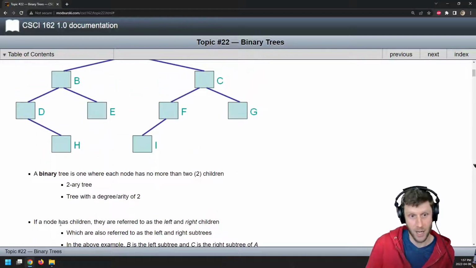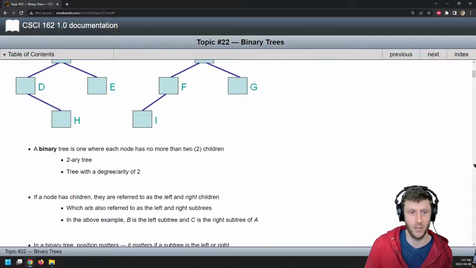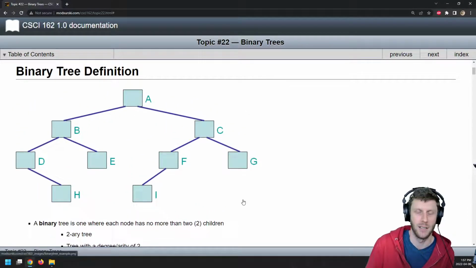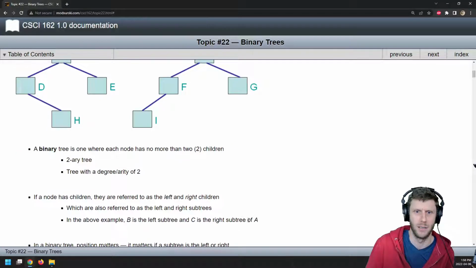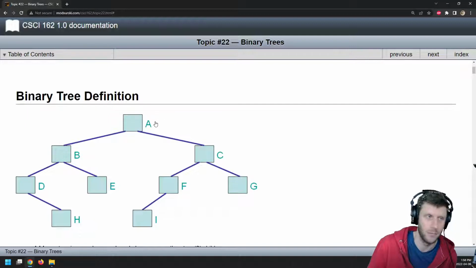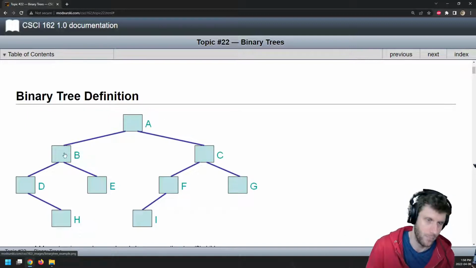So if a node has children, they're referred to as left or right, which are referred to as the left and right subtrees. In the above example, B is the left subtree and C is the right subtree of A. So A has a left child of B and a right child of C. A's left child, B, is also the root of a subtree.